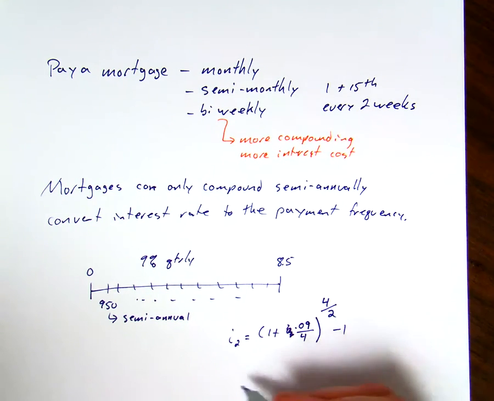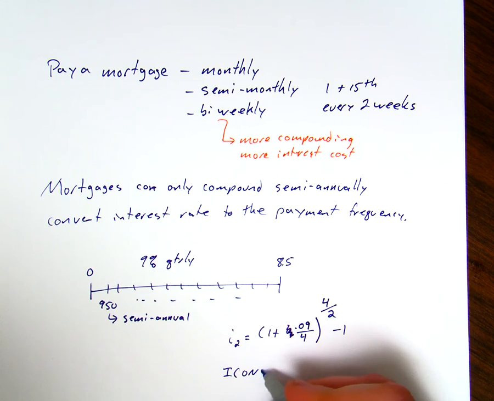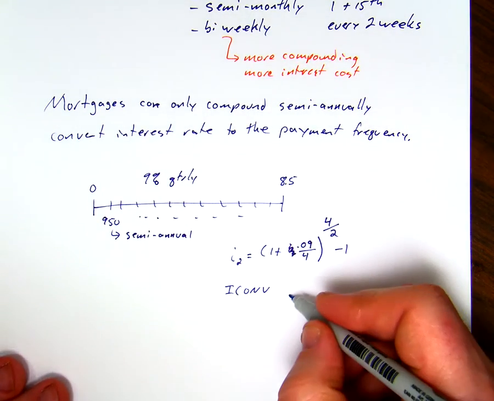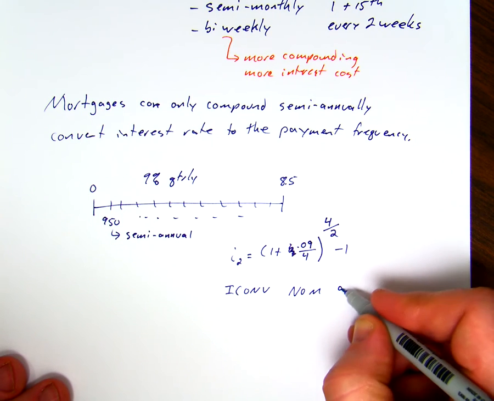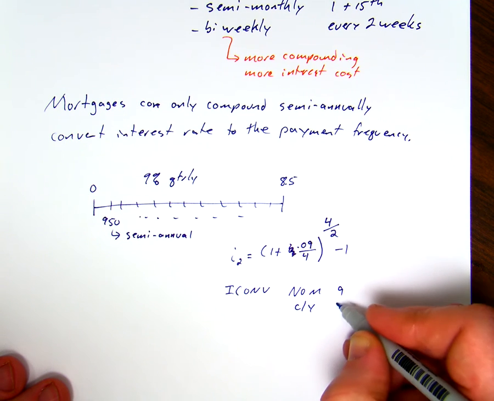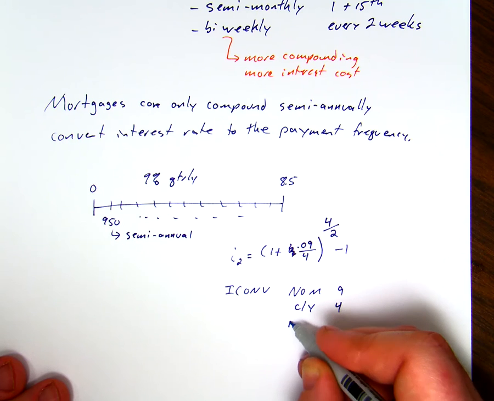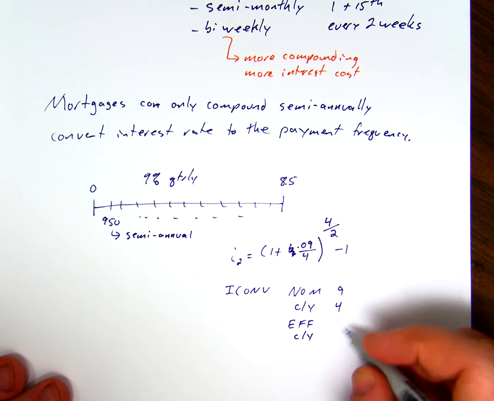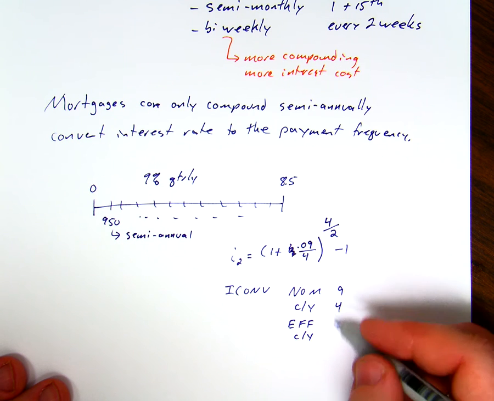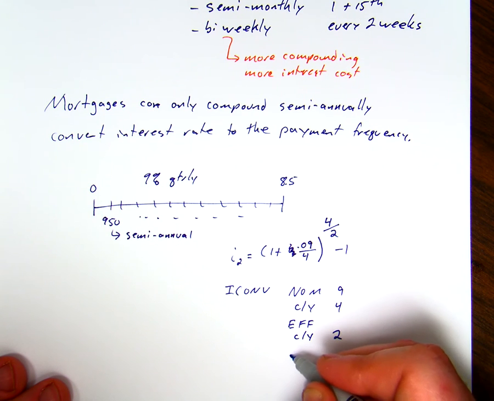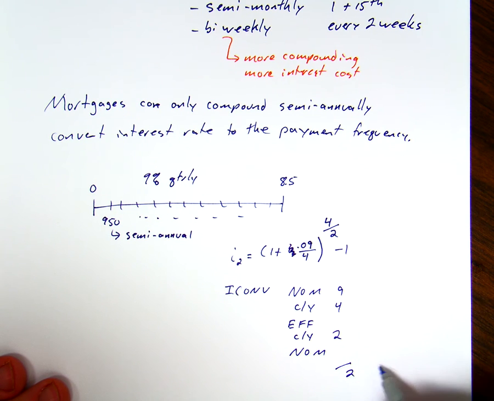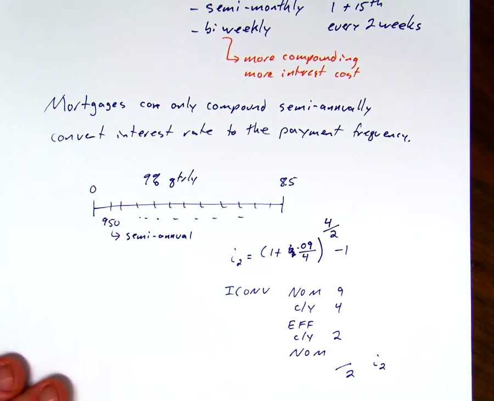Or we went into our calculator, into I-convert, and said our nominal rate was 9, compoundings per year was 4, and calculated our effective rate. Then we said compoundings per year was 2, calculated a nominal rate, and divided that by 2 to get i2.